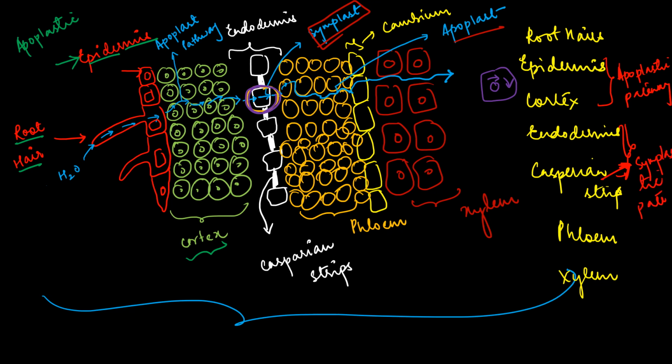Now what is symplastic pathway? As I told you, water will enter inside the cell. Clear? Now, from phloem and xylem, water will move through apoplastic pathway. Clear? This is how the pathway is, and root hair will absorb the water by diffusion, which is a passive process.